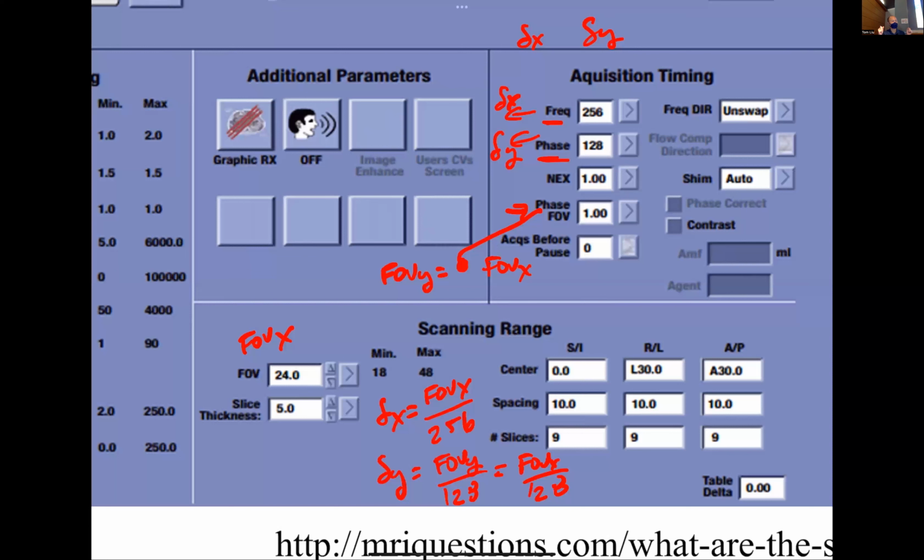What about delta kx, delta ky? Are they the same? Are they different? In this case, that's my sampling in kx and ky. Do I have to sample more finely in kx than ky, or do I sample the same? Any ideas?